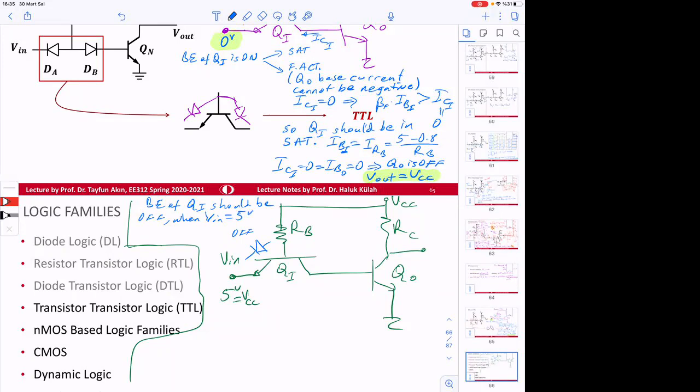I mean, that junction cannot turn on. So if that's the case, then QI can be in two different conditions. QI is either going to be off or reverse active. Which one?